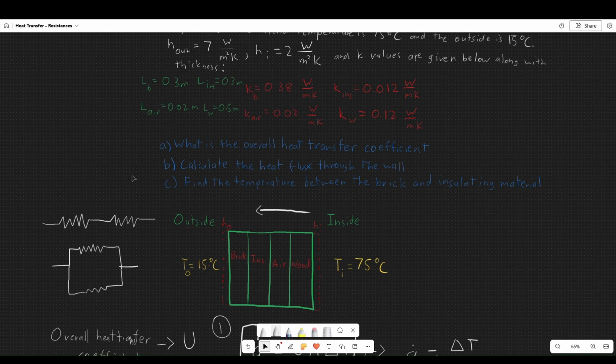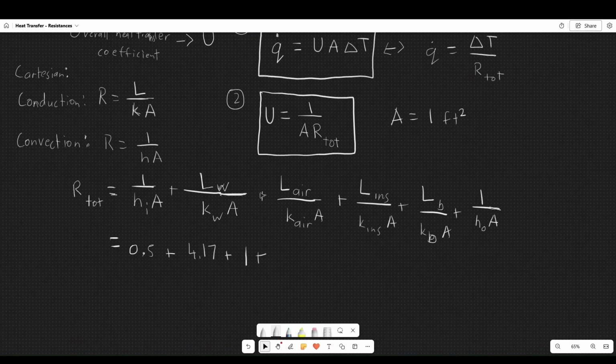And then we have L brick divided by K brick, which is 0.3 divided by 0.38. And then we also have 1 over HO, where HO is 7, so we have 1 over 7. And so if we write that, let me go ahead and write all of that down. So we have this plus 25 plus 0.789 plus 0.143.